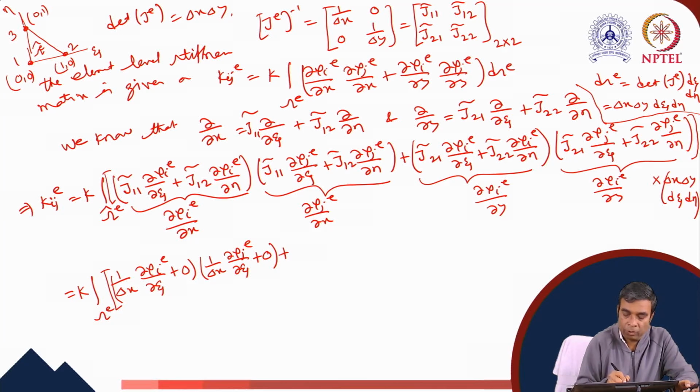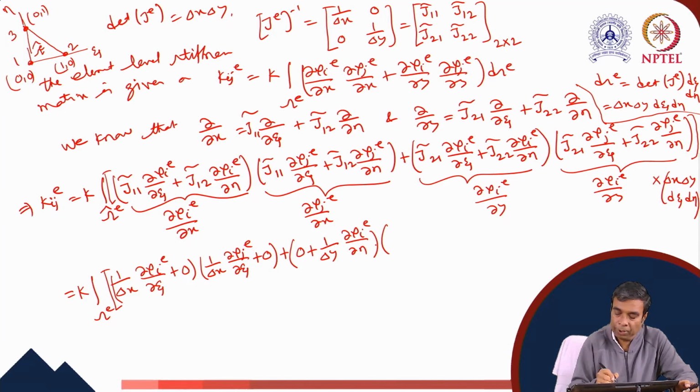Now for the y derivatives we have j21 tilde first. j21 tilde is 0 and j22 tilde is 1 by delta y, so we have 1 by delta y del psi ie del eta.